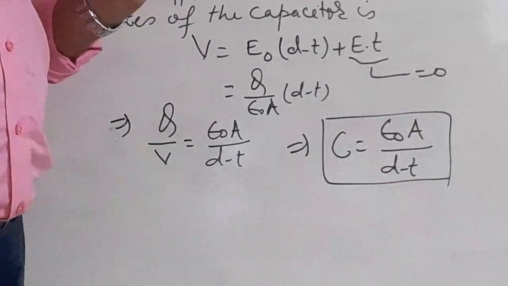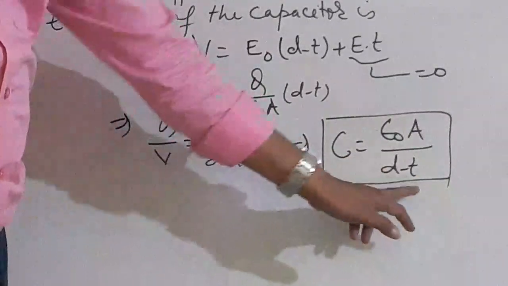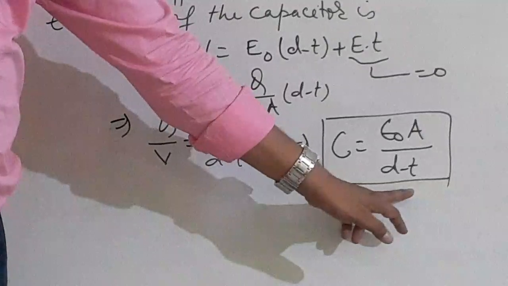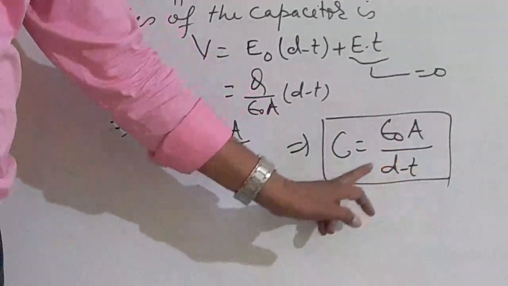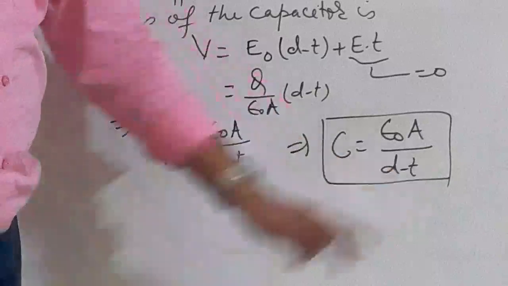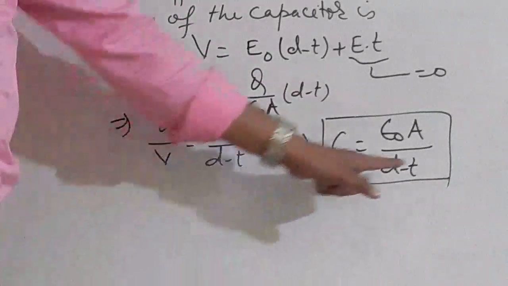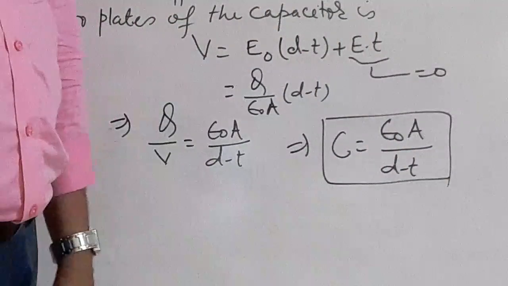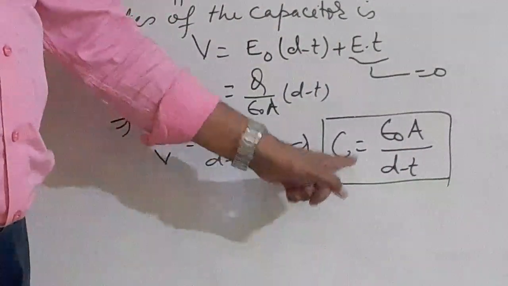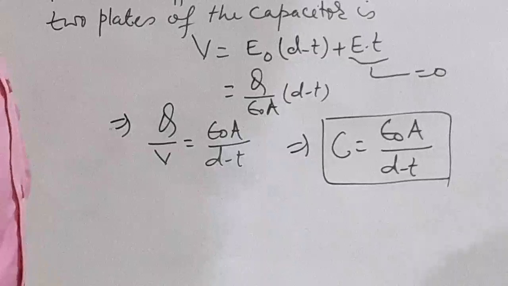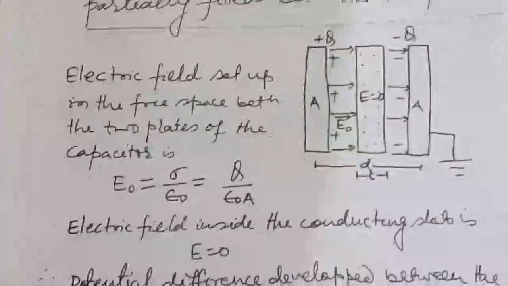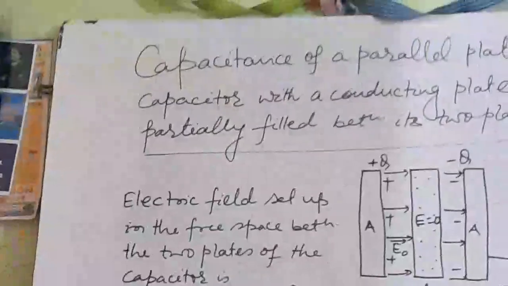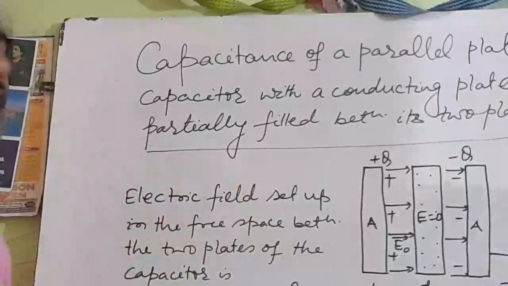But the denominator has been reduced. Earlier the denominator was D only, now it is D minus T. So what does it mean? It means that the denominator has been reduced but the numerator remains the same. That is, capacitance increases with the conducting slab inserted between the two plates of the capacitor.